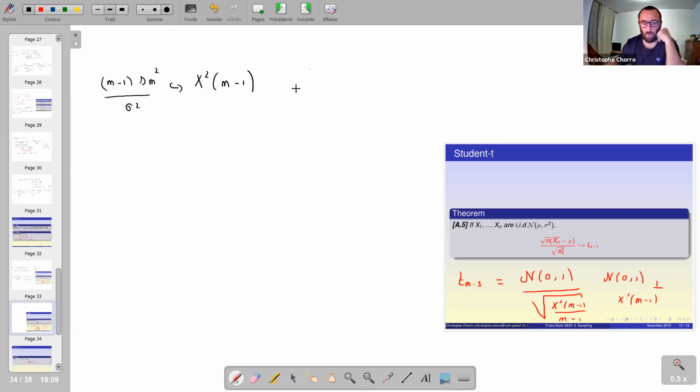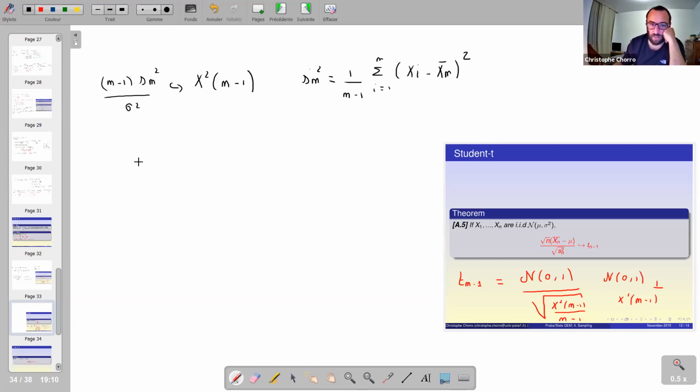And I remind you that Sn square is just equal to 1 over n minus 1, the sum from i equal to 1 to n of (xi minus xn overline) square.